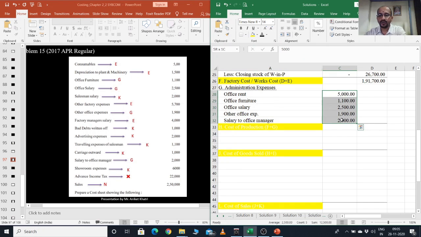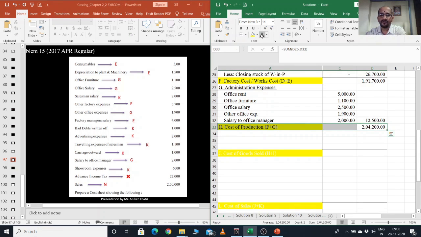Now do the total of this and write it at outer column. So it is 12,500. Add this amount in 1,91,700 and you will get the amount of cost of production.